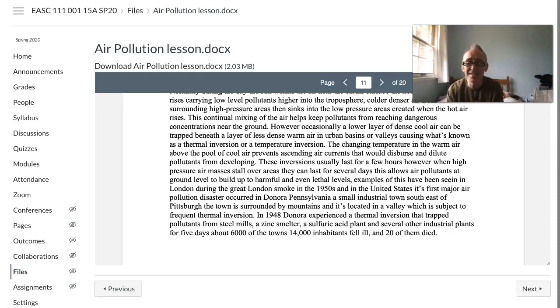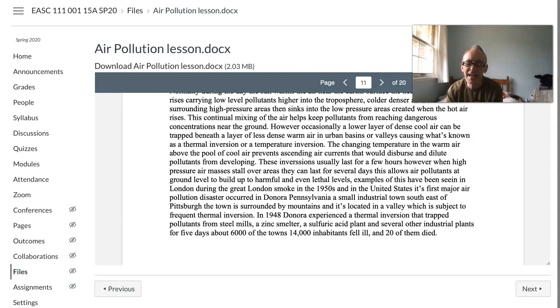In the United States, the first major air pollution disaster, again on the previous handout, occurred in Donora, Pennsylvania, which is a small industrial town southeast of Pittsburgh. The town is surrounded by mountains, so we're talking about the topography that we were talking about, and is located in a valley.